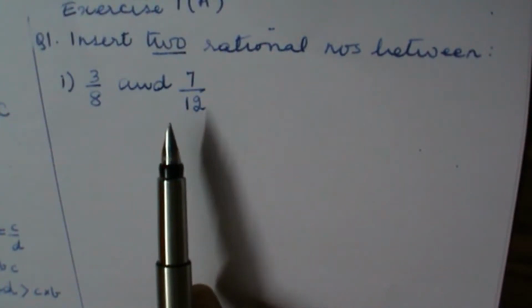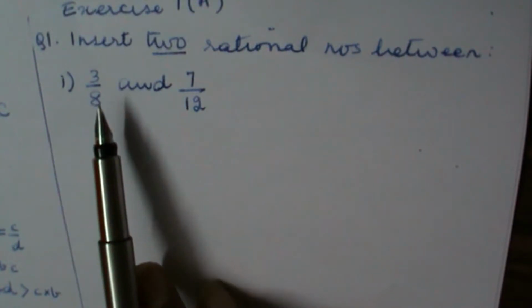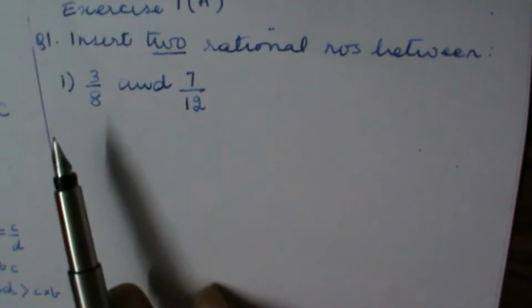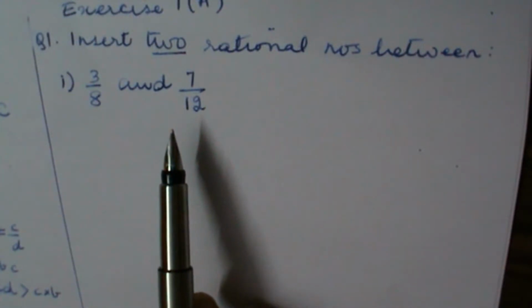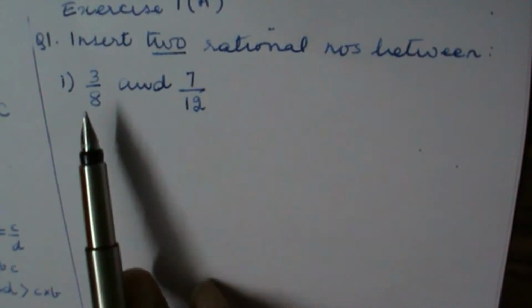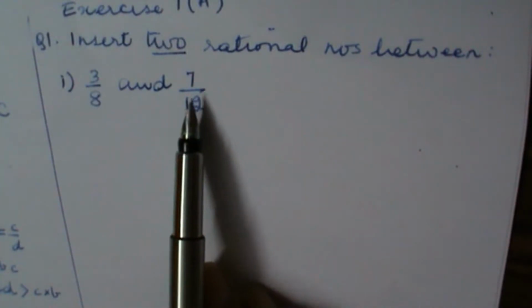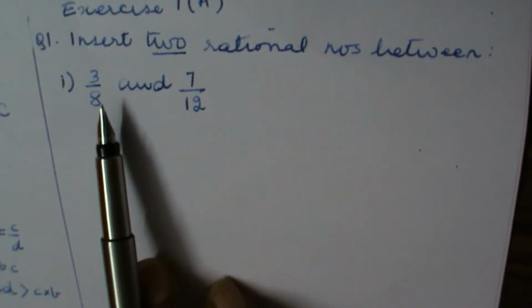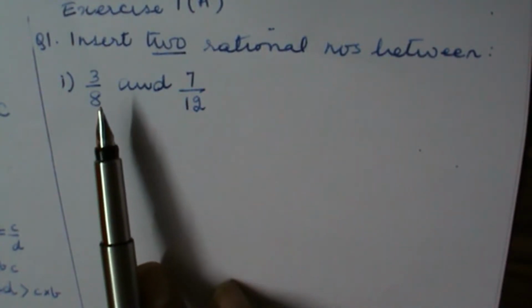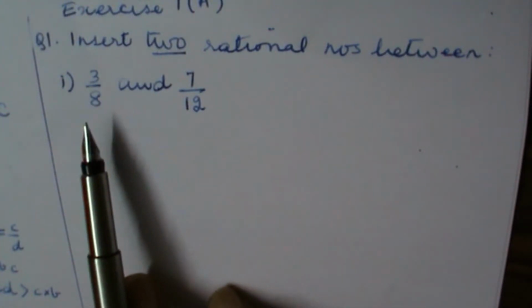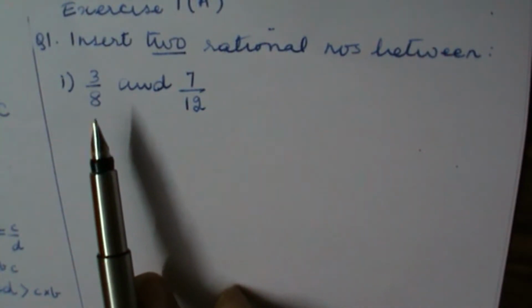And if I were to divide a rational number by a non-zero rational number, then the result again will be a rational number. And understand that both of them will have 1 as the common factor. So the HCF of the numerator and denominator is going to be 1.